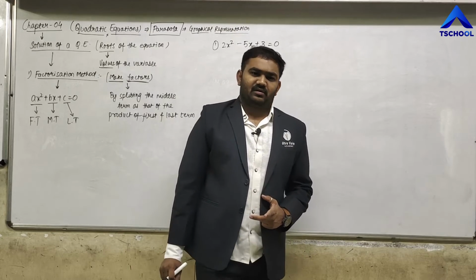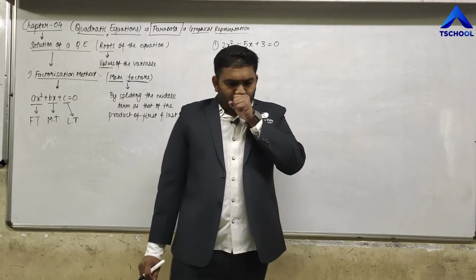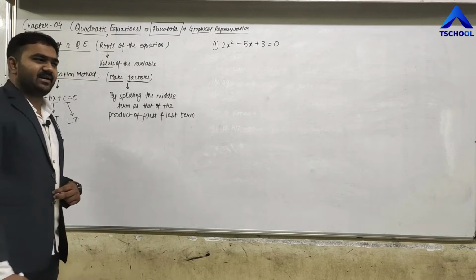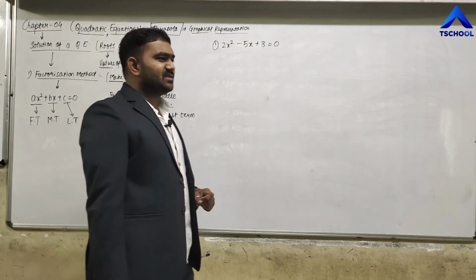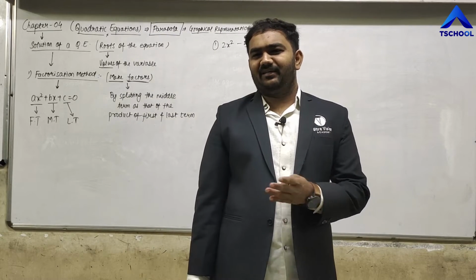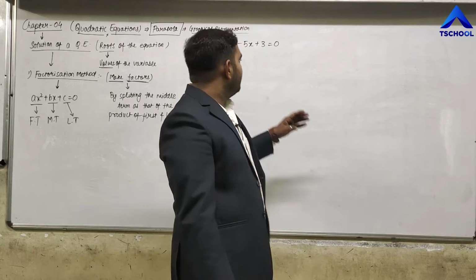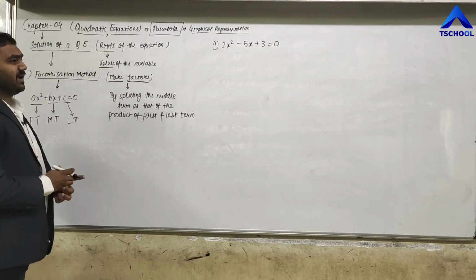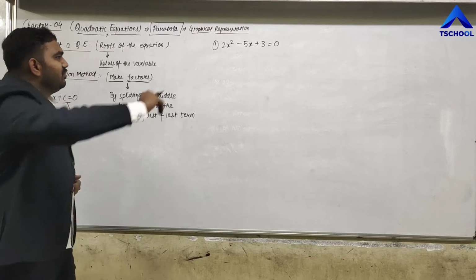If not, there might be chances that you get the wrong factors or the wrong answer, right? So again, coming back to this question, the question is 2x square minus 5x plus 3 is equal to 0.